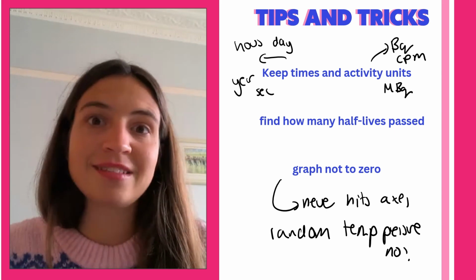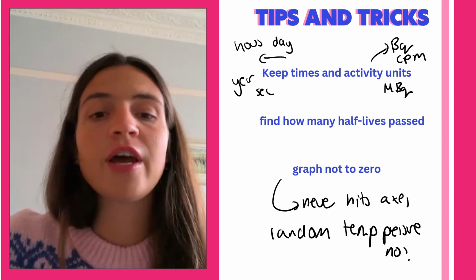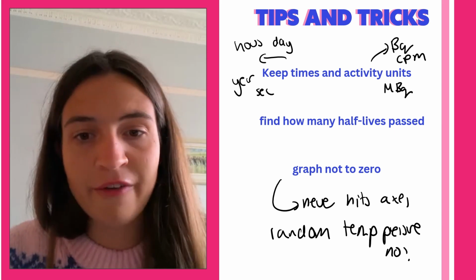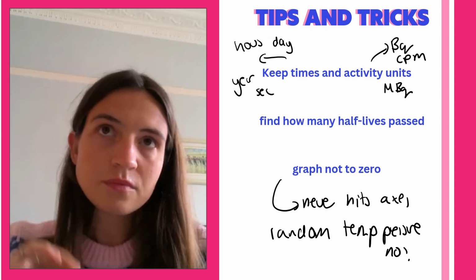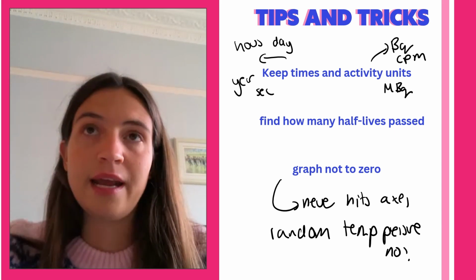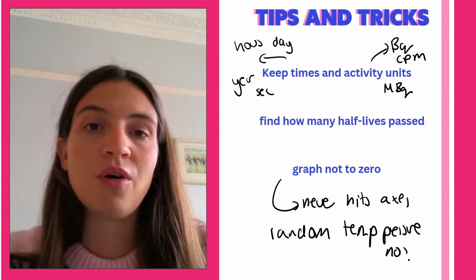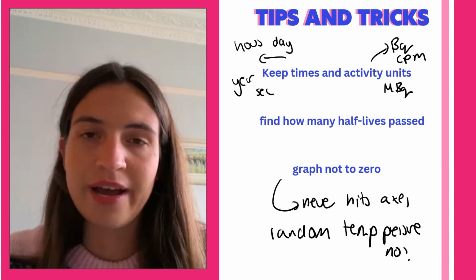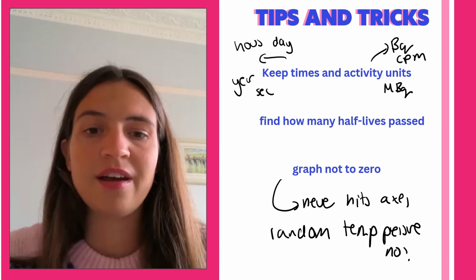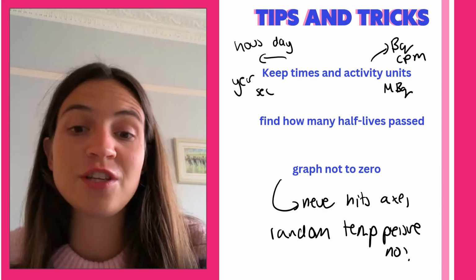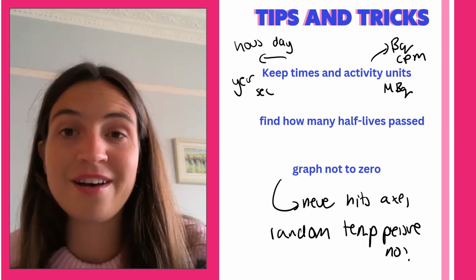Finally, if they ever ask you to sketch a half-life graph, just make sure that your graph never hits 0 at the bottom. So don't draw the line and hit 0 on your y-axis. Don't cross your x-axis ever. Okay, make sure that it just stays above that line. And also to know that these decays are random.